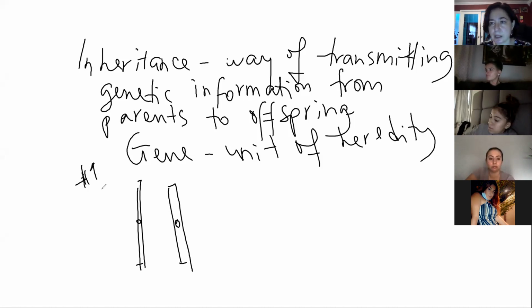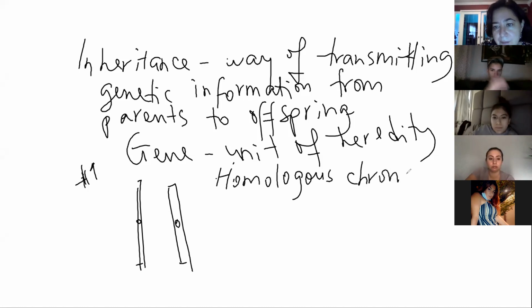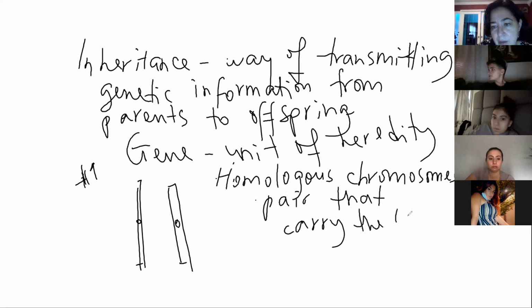Now, try to understand that in each pair, pair number 1, pair number 2, pair number 3, and so on, the two chromosomes are called homologous. Homologous chromosomes are a pair that carry the same genes.